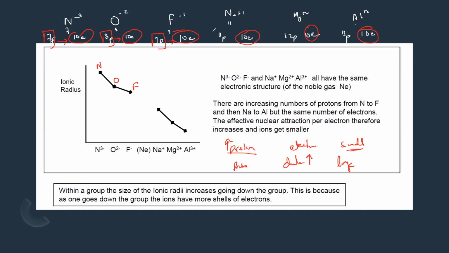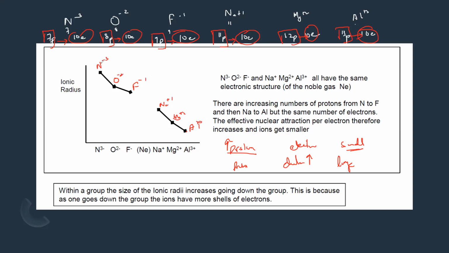But when we check the positive ions, 11 protons are attracting 10 electrons, 12 protons attracting 10 electrons, and 13. So stronger attraction: aluminum will be the smallest in this group, magnesium moderate, and sodium will be larger in size. Is it clear?